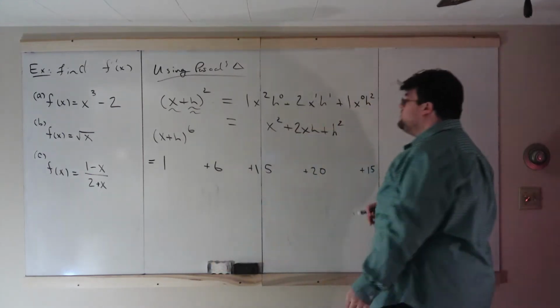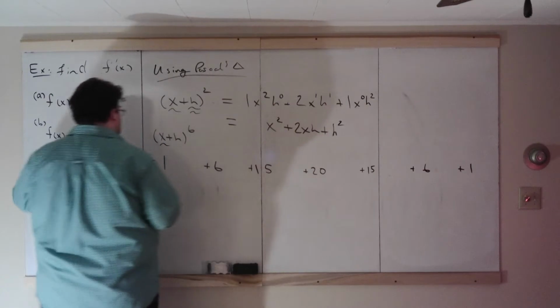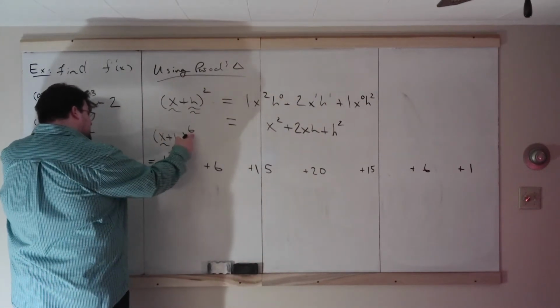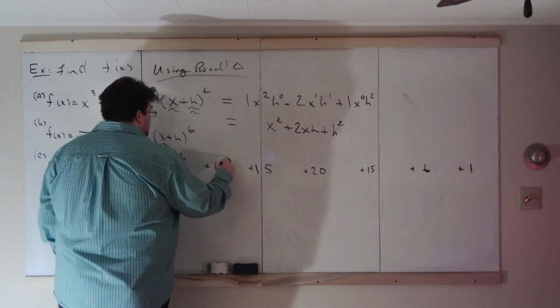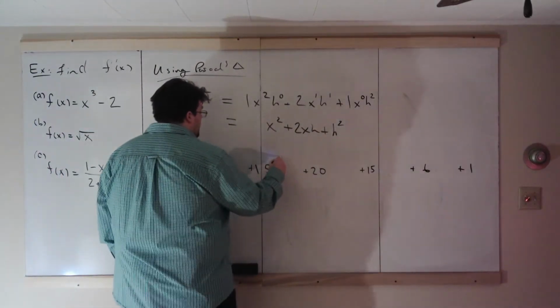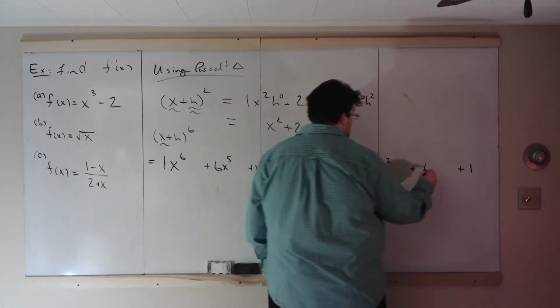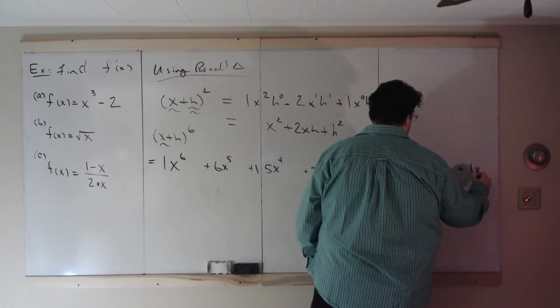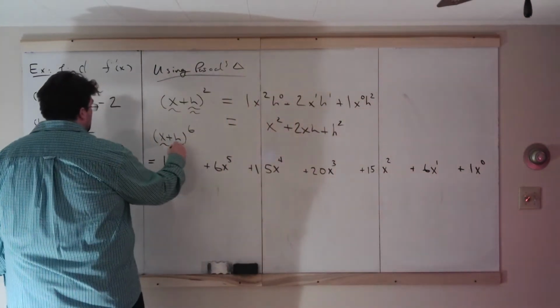So now what do we do? Well, we follow the same pattern we did before. First term is x, but our exponent is 6, so we're going to put 6 x's here, 5 x's there, 4 x's, 3 x's, 2 x's, 1 x, 0 x's. Our next term is an h.